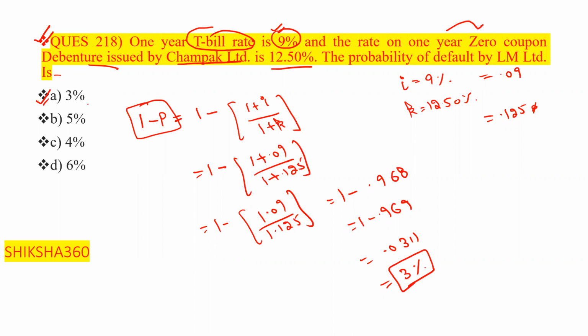So option number A is the answer, that is 3%. You just have to remember the formula while answering these types of questions.